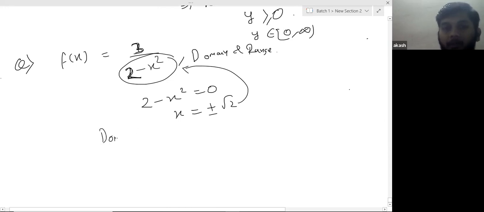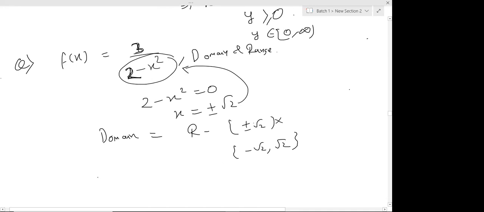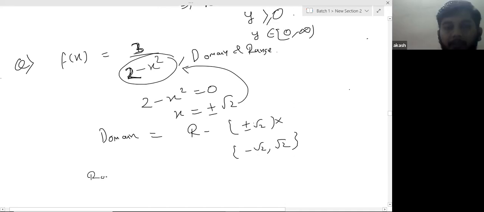So domain would be R minus plus minus root 2. You can write it like this, or minus root 2 and root 2. All right, clear? Yes, sir. Clear.